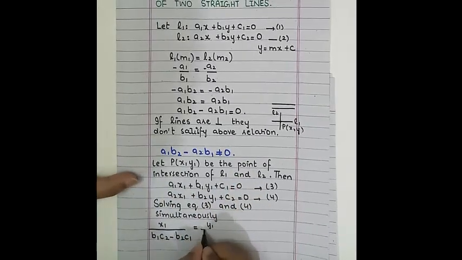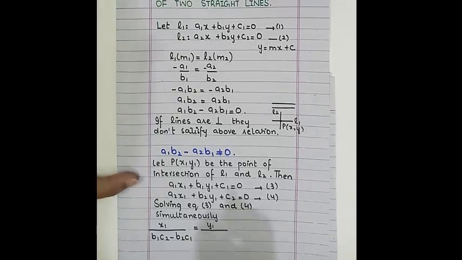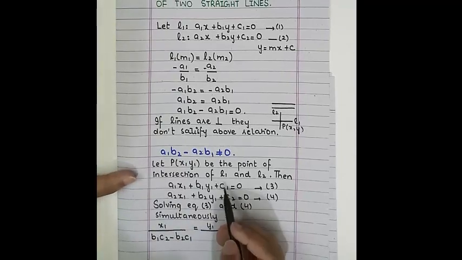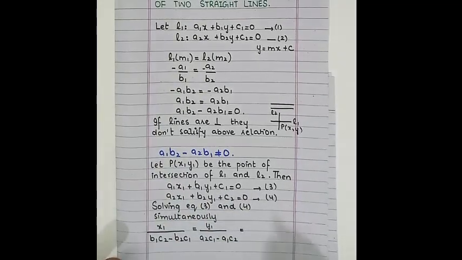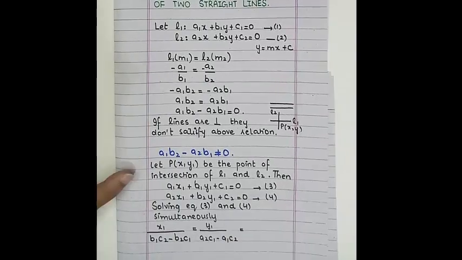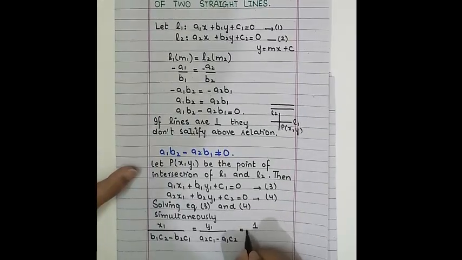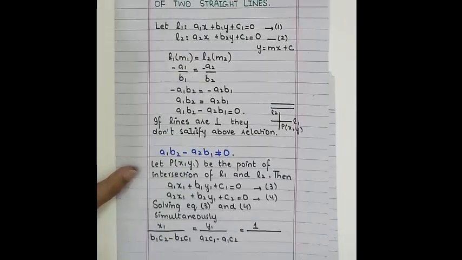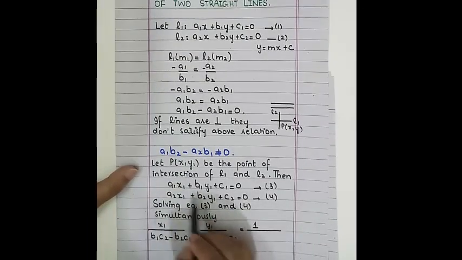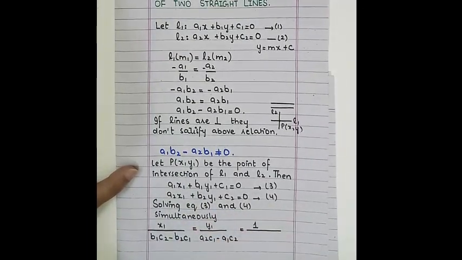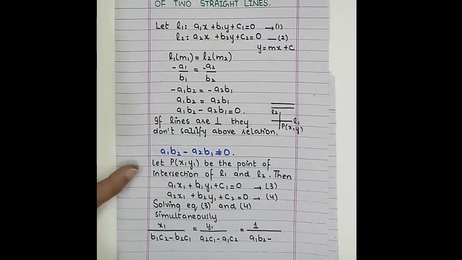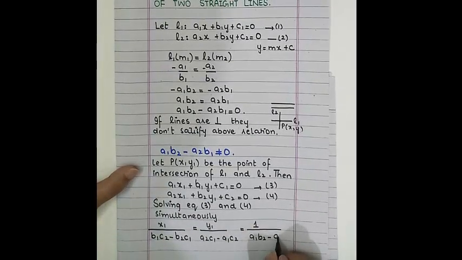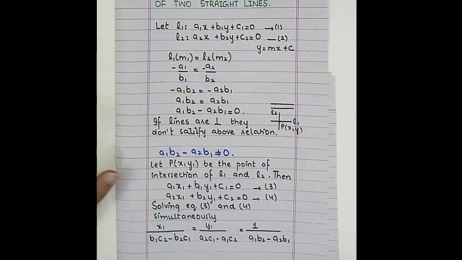We have y1 divided by a1 c2 minus c1 a2, right. In the last step, now we don't have any z or anything, so we will take 1 and cross multiply the coefficients of these two terms, and we have a1 b2 minus a2 b1, right.